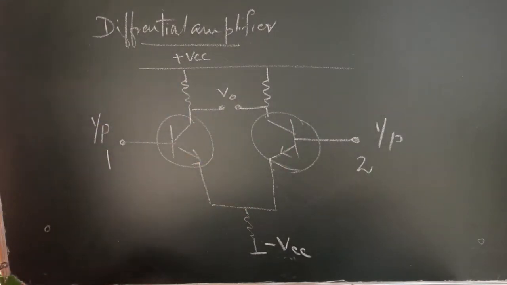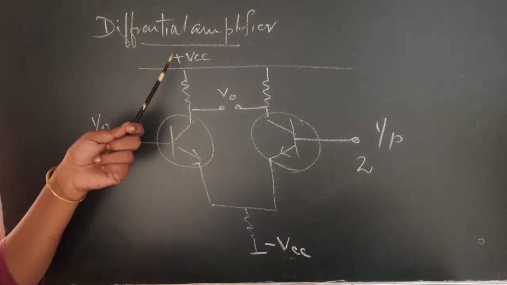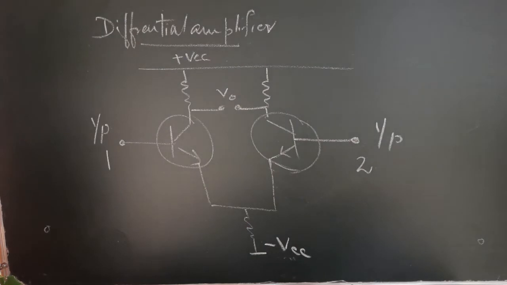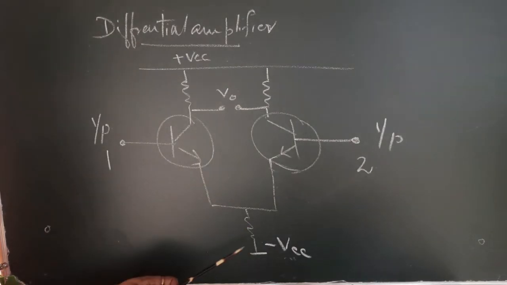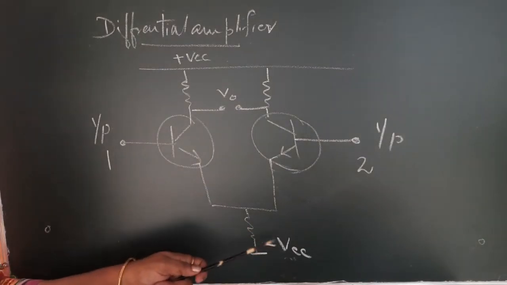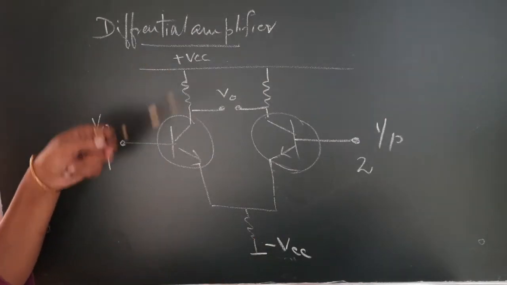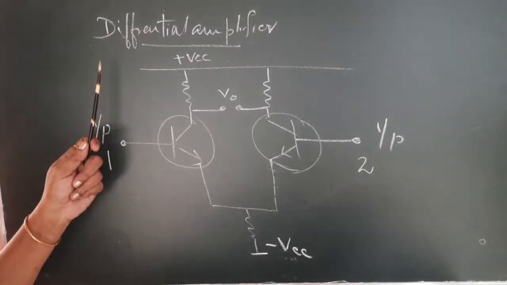One thing to be noted here is, this is plus VCC and this is minus VCC. It is not in fact the ground. I mentioned it as minus VCC. That is, you require a dual biasing here.